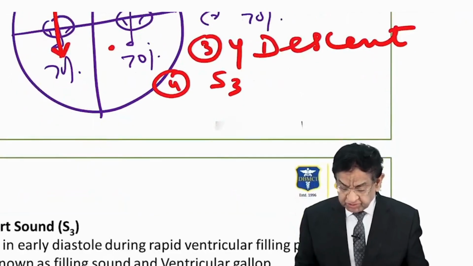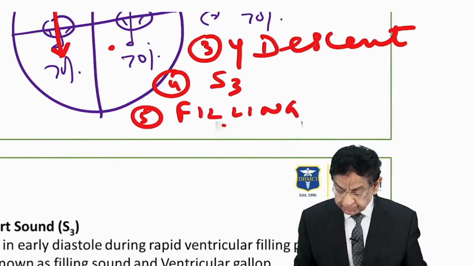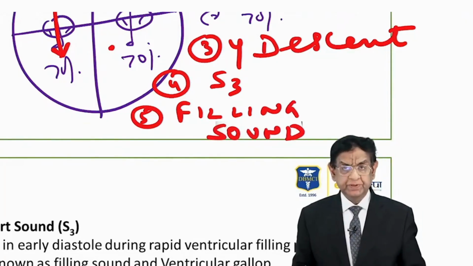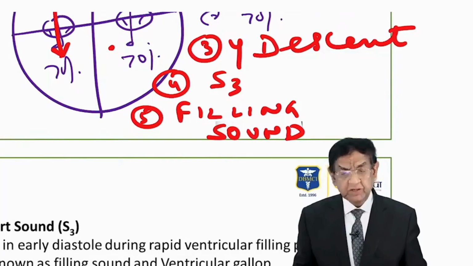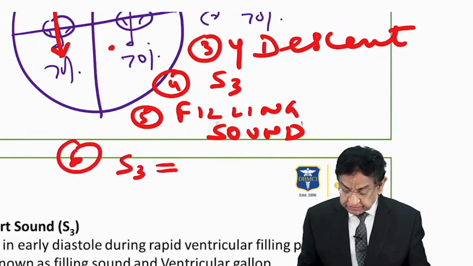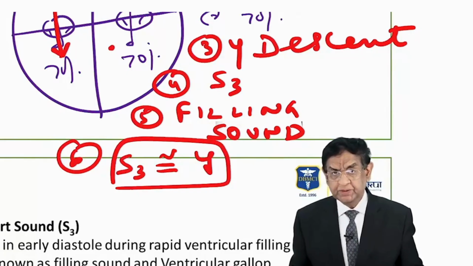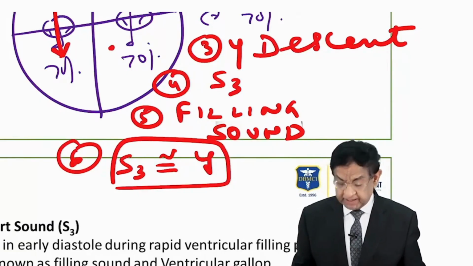That's why the third sound is also known as filling sound. Okay. Well, so now I don't need to tell you that S3 corresponds to Y descent in JVP, a very commonly asked question. Both are getting produced in the early or so-called rapid filling phase of the myocardium.